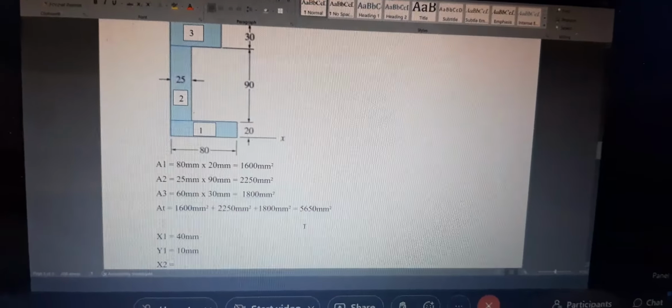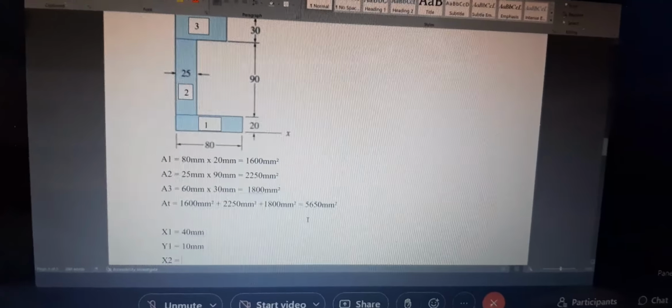So look now at x2. What will be x2? 12.5, times 2.5, for area 2. Good.